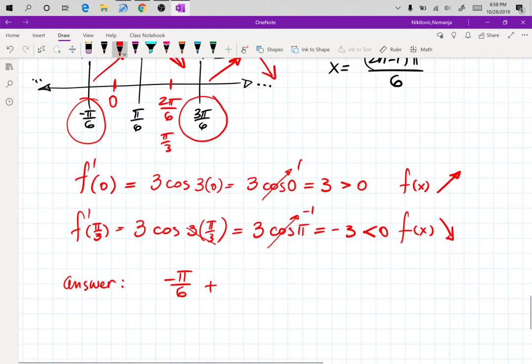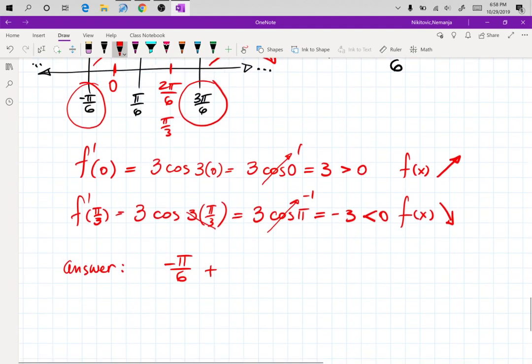To find the period, you can simply figure out the distance between these, which is 4 pi over 6, right? The period difference between these two is 4 pi over 6, which is 2 pi over 3.